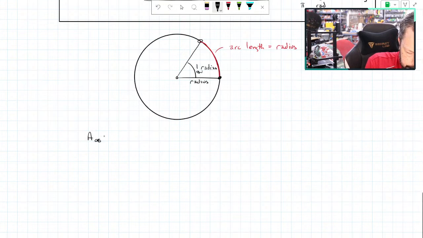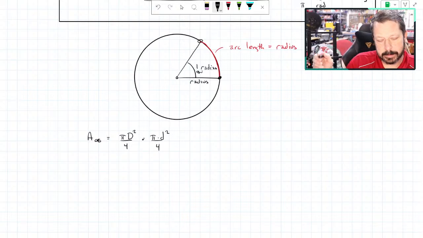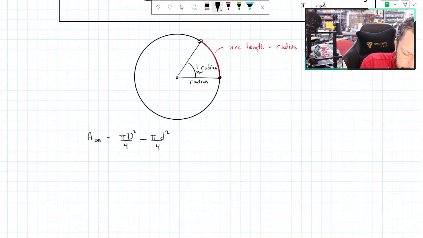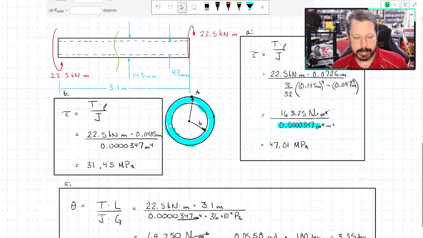Let's say this is the original area, and let's use diameters. Pi D squared over 4 minus pi lowercase d squared over 4. Those are the areas of the outer minus, not times, minus the area of the inner one, which should give us the cyan colored area in the picture here.